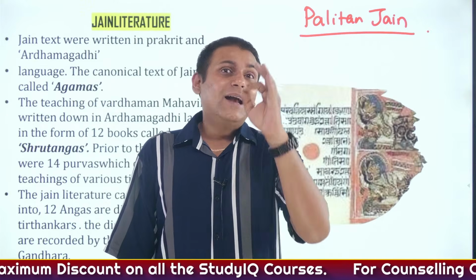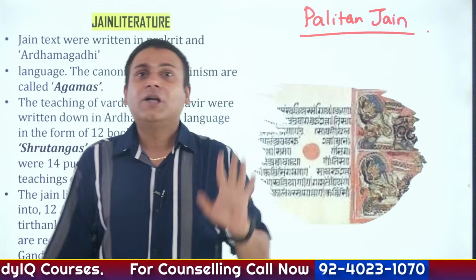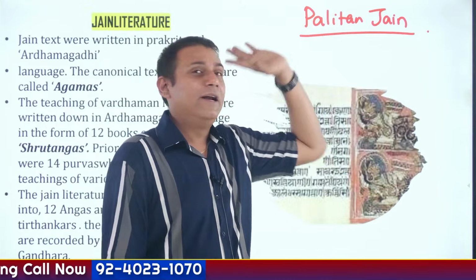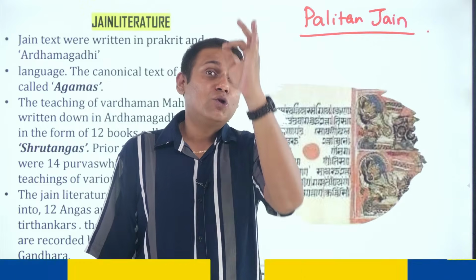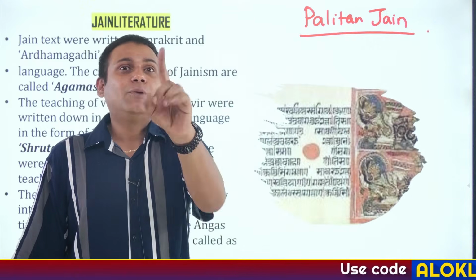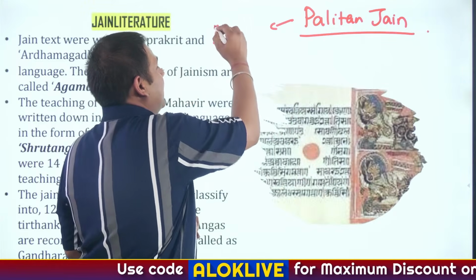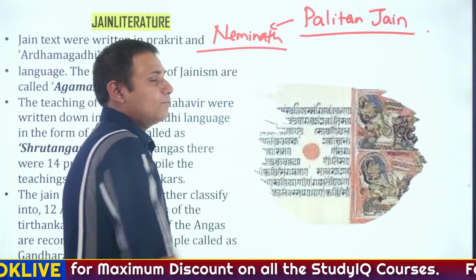As per different Jain scholars, out of 24 Tirthankars, 23 Tirthankars have visited Shatrunjaya Hills, except one Tirthankar, whose name was Neminath, and his symbol was conch shell, that is Shankh.